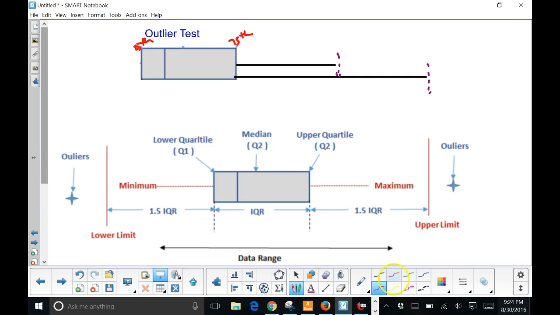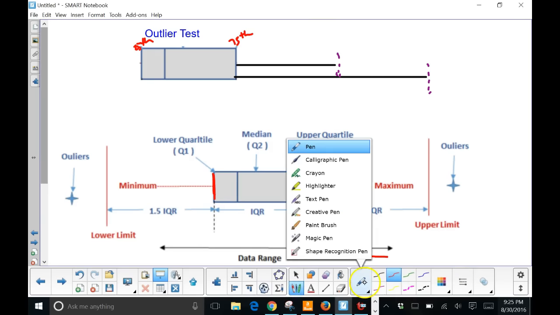So basically, if I want to decide what's unusual, I take the width of this box, which is the IQR, and I multiply it by 1.5. And I add 1.5 of those to the upper quartile, and 1.5 of those I subtract from the lower quartile to get these fences.